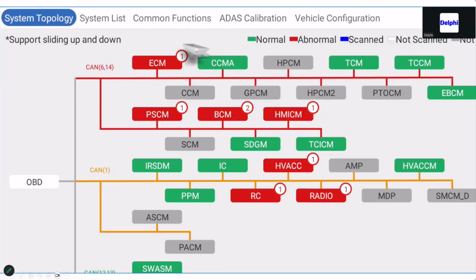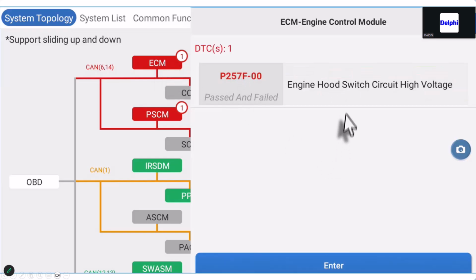And again, they'll do a good job of pulling this up, telling you which one has errors in it. And in this case, this is what I had on the Silverado. When I got it, he says, I haven't been able to run my monitors for quite a while. Then he finally said, yeah, I've had a hood latch switch on. And when I got in there, he had this in both confirmed, pending, and permanent codes. He replaced it.